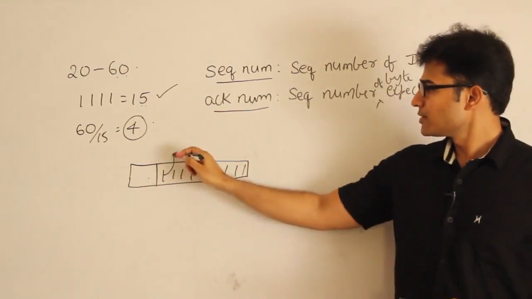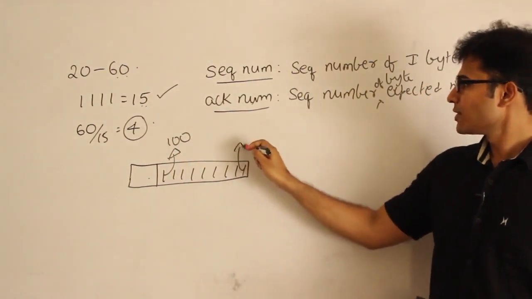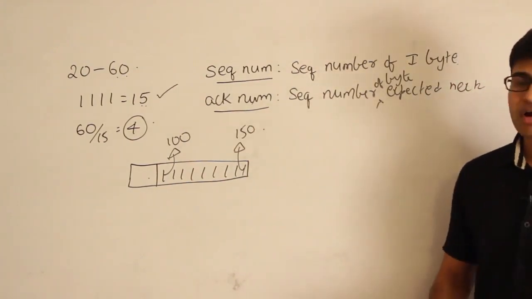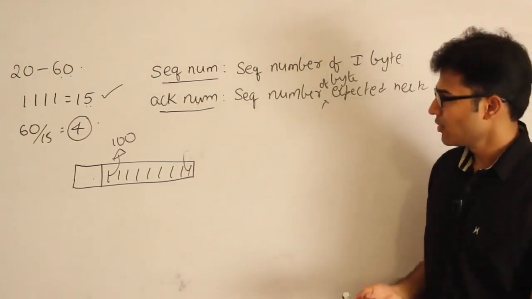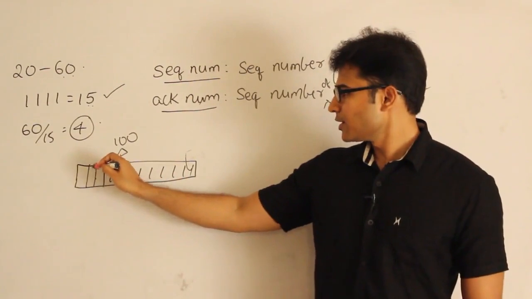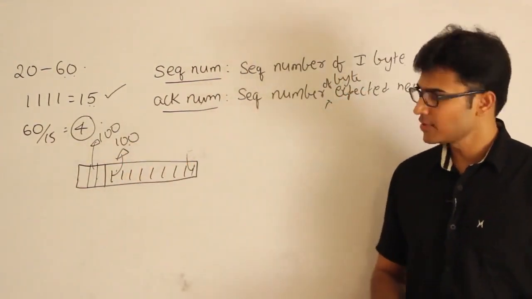The first byte sequence number is 100 and the last byte sequence number, assume that it is 150, right? Or I don't know what the last byte sequence number is. The header contains sequence number 100, which means the first byte sequence number is 100.